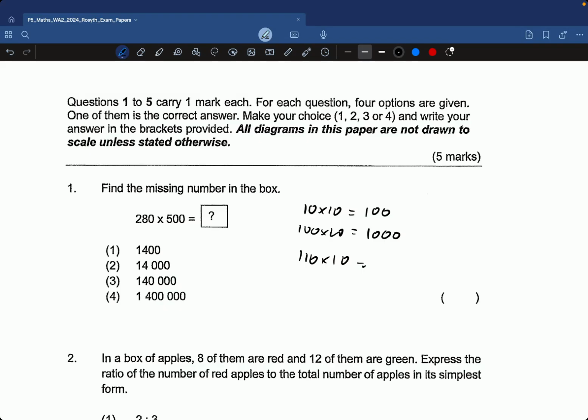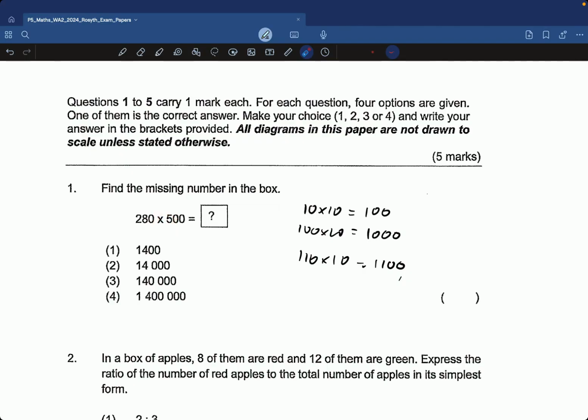So the answer is pretty obvious. It would just be 1100. In this case, you could see that the number of zeros is similar to this. So technically you just need to count the number of zeros over here. But in this case, it also multiplies by 5.